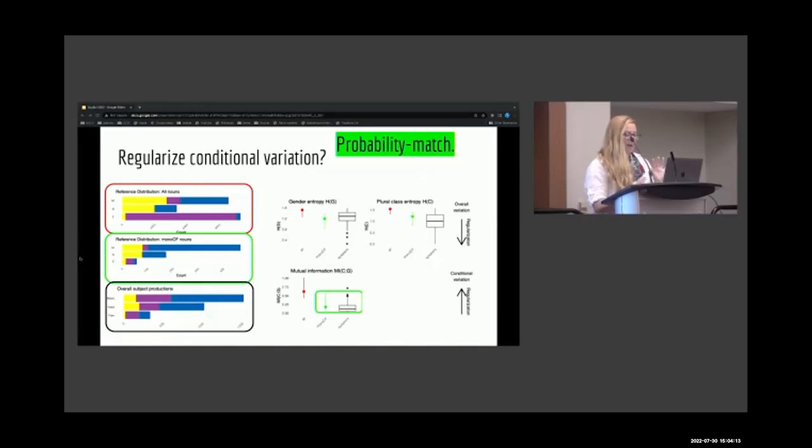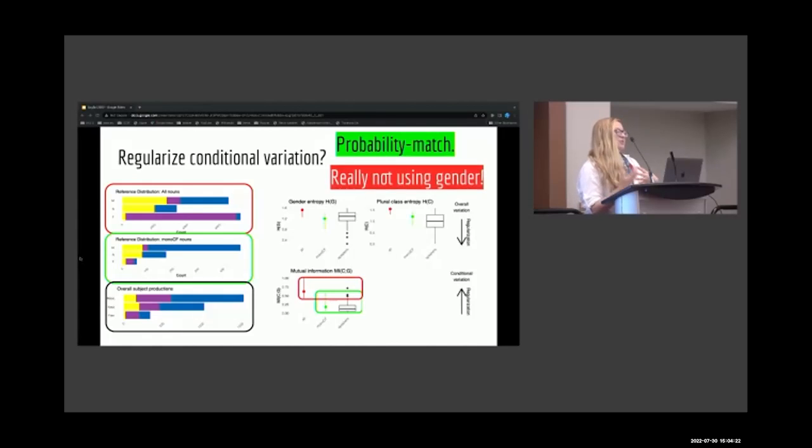So we might again consider this to be probability matching, but this is also a fairly surprising result because in the lexicon as a whole, gender is much more informative, and it seems like this would be something that speakers could use, right? This is a statistical relationship that is not hidden, and it's one that models pick up on very, very readily. So this is a slightly confusing or surprising finding.